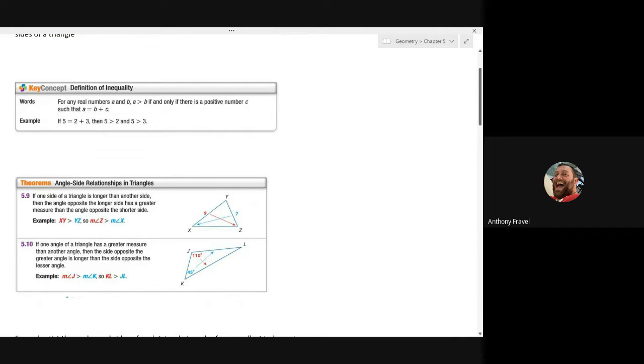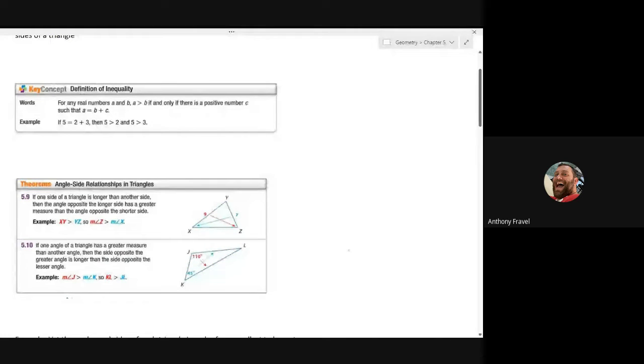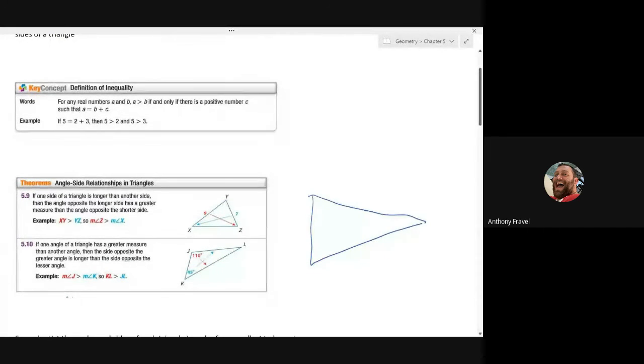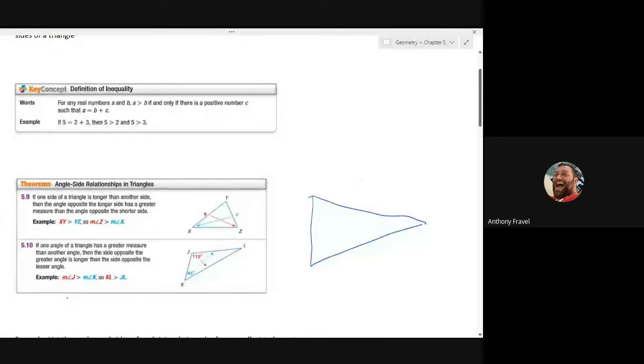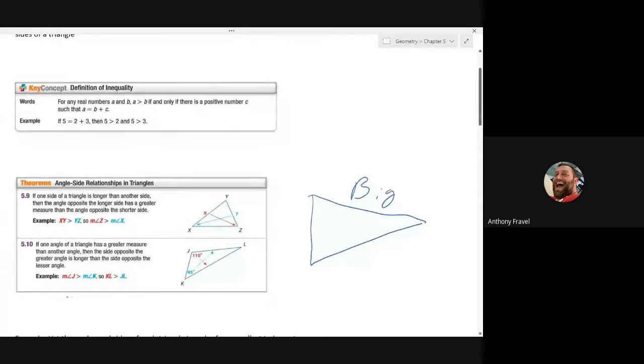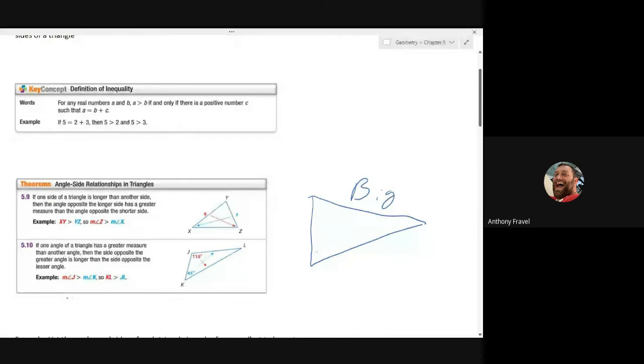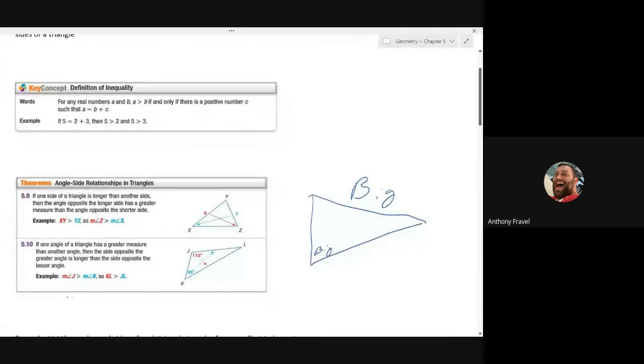All right, so with the angle-side relationships in triangles, as you can see, if there is a small angle in the triangle, it's going to relate to the smallest side of the triangle. The biggest side on a triangle is going to relate to the biggest angle. So the biggest side is going to show you the biggest angle.